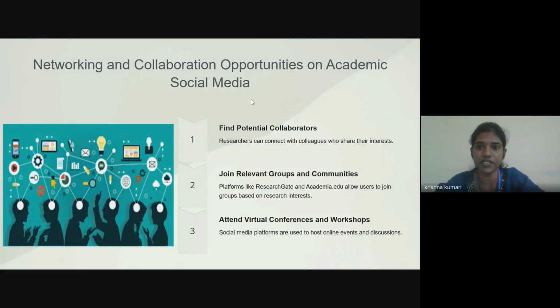Platforms like ResearchGate and Academia allow us to join groups based on the same research interest, right? By attending many virtual conferences and workshops, we will be able to find persons who have the same research interests.